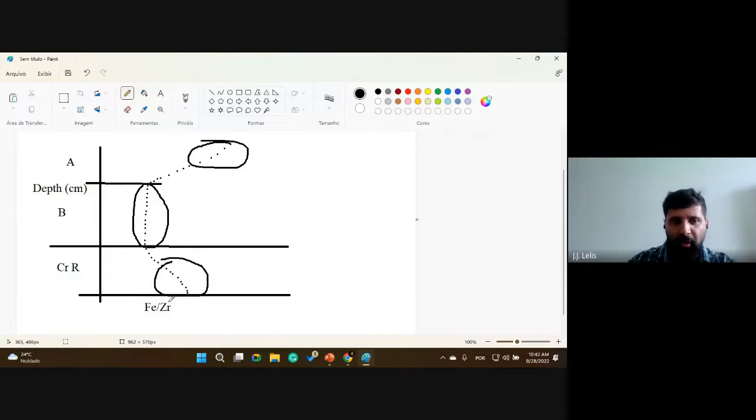We don't lose zirconium during weathering, because zirconium composes hardly weathered minerals like zircon, quartz, ilmenite, and several other minerals that are very resistant to weathering. So we don't lose zirconium during weathering, but we can lose iron during reducing conditions.